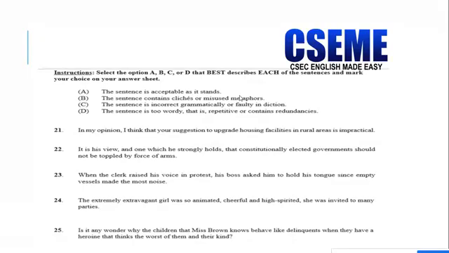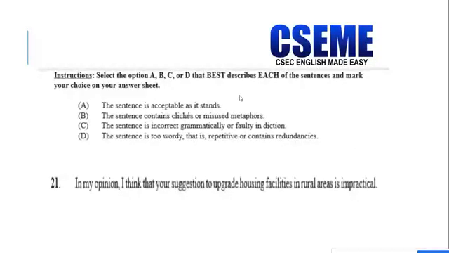Now, let us go through 1, 2, 3, 4, 5. We're going to go through all 5 of these, and then you're going to tell me what you think the error might be.